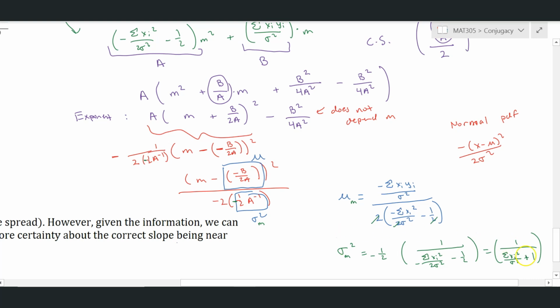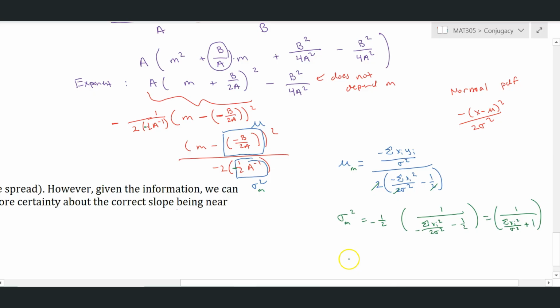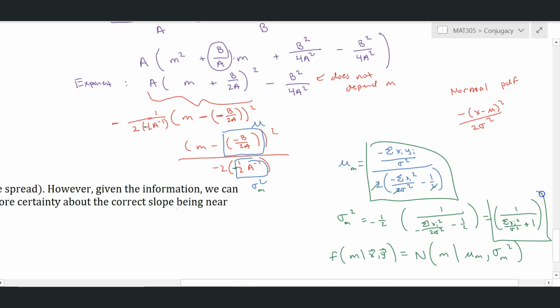Awesome. All right. So now we know that m, given the data that we've observed, is a normal function in m with mean mu sub m and variance sigma m squared, which are these two quantities that we now have come up with.